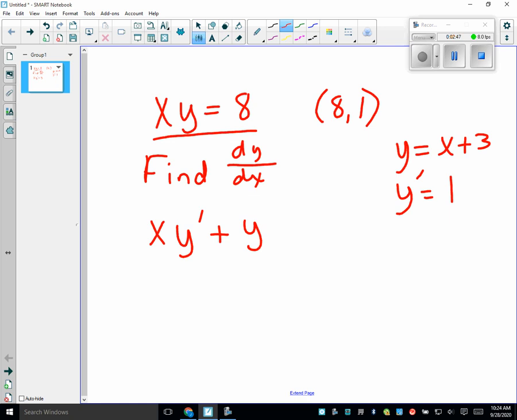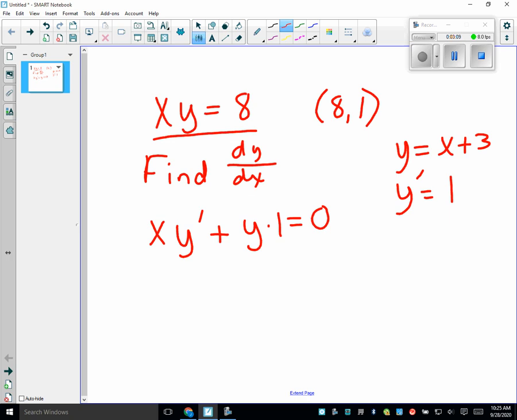So, is the derivative of this x 1? Yeah. What does this equal? What's the derivative of 8? 0. Okay. So x y prime plus y equals 0, so x y prime equals negative y. What am I trying to find? Y prime.